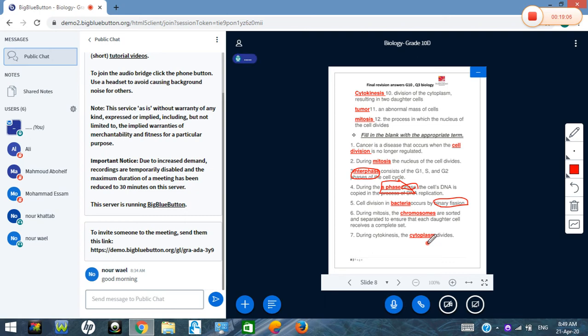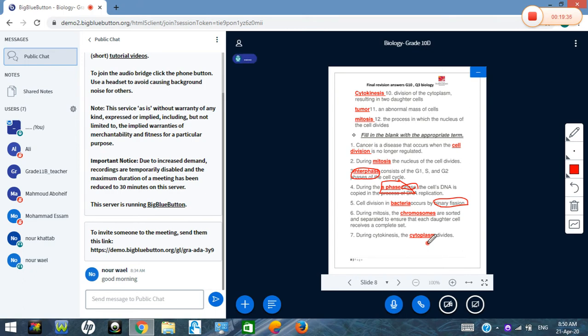If you remember the phases of mitosis, it will be prophase, metaphase, anaphase, telophase.